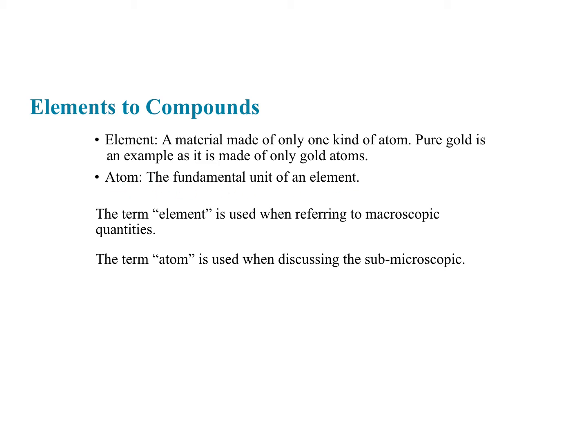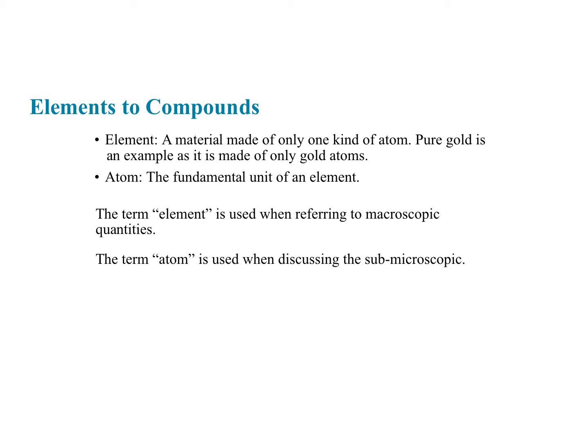If I take a bar of gold and cut it in half, I've got two smaller bars of gold. I can keep subdividing those pieces into smaller and smaller pieces. But if I get down to one atom, that is essentially gold. And if I cut that atom in half, if I could do that somehow, I'd no longer have gold. So gold is built up of atoms. Every element is built up of atoms, and that's the fundamental basic unit.